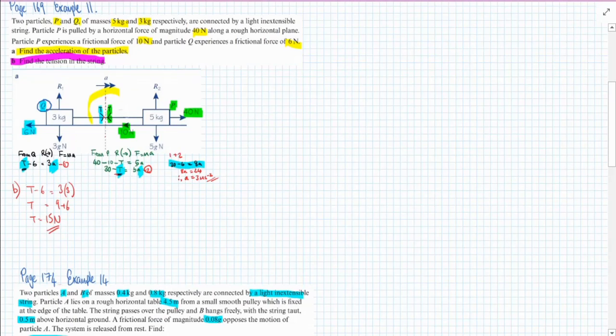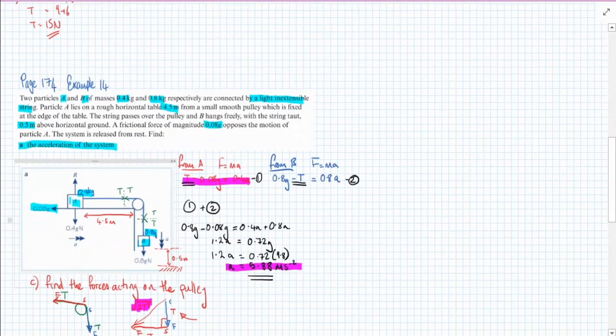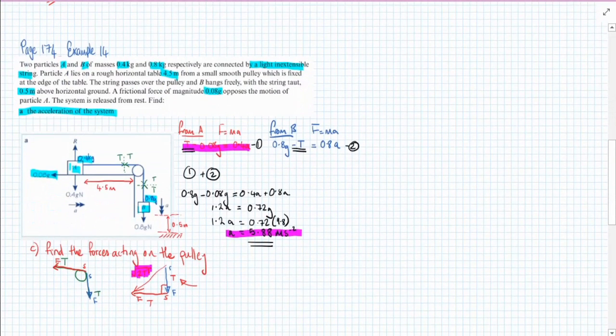Again, we see the idea of a rope break. And again, we are seeing the idea of Newton's second law being used to form our equations. Moving on from two particles connected with a string, we then go to two particles connected with a string but with a pulley involved.